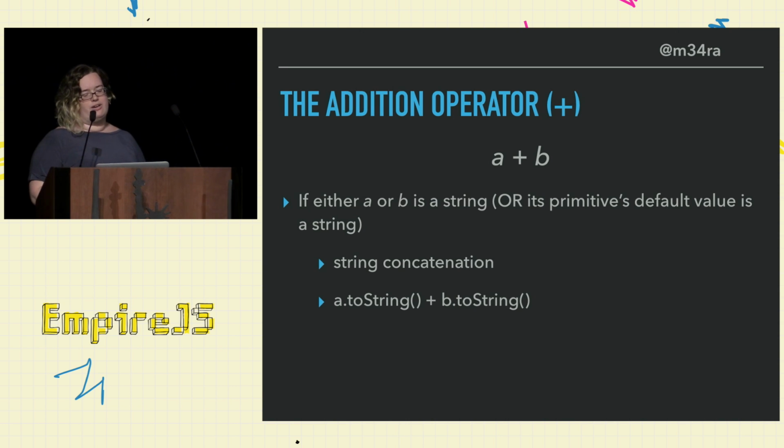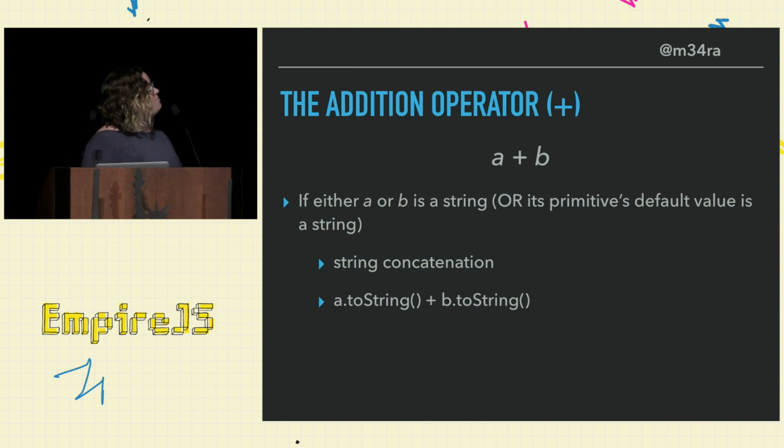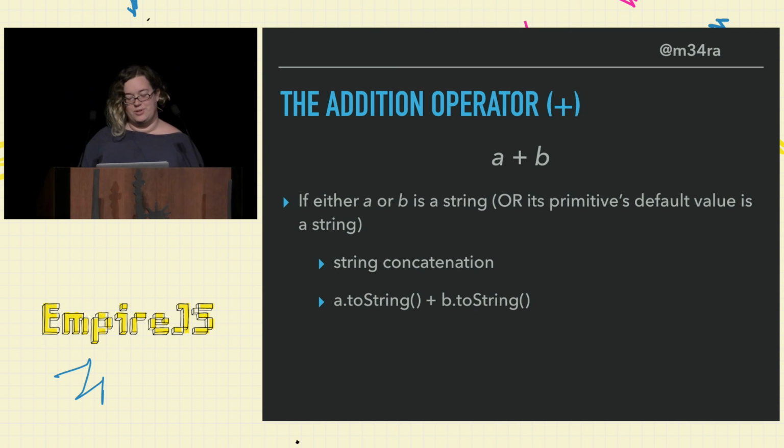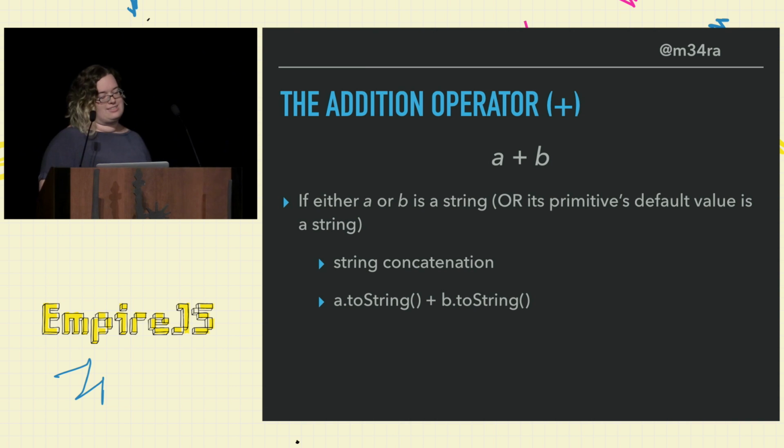So here we are now with a slightly modified version of our model. For the expression a plus b, if either a or b is a string, or its primitive default value is a string, which is something we're going to learn about soon, we're going to do string concatenation, and we're going to do coercion if necessary.